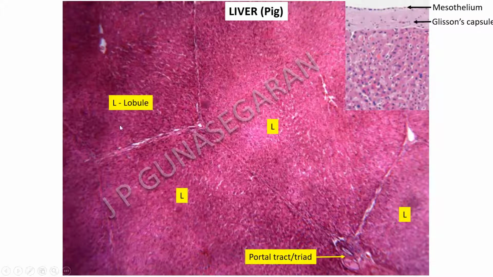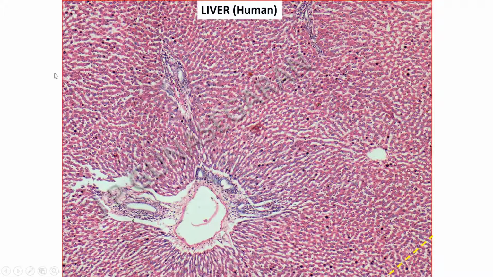Each lobule has a central vein in the center and the hepatocytes are arranged as radiating cords or plates from the central vein. This is a section of liver from human where the liver lobules are not completely demarcated by connective tissue septae in contrast to the previous slide from pig.